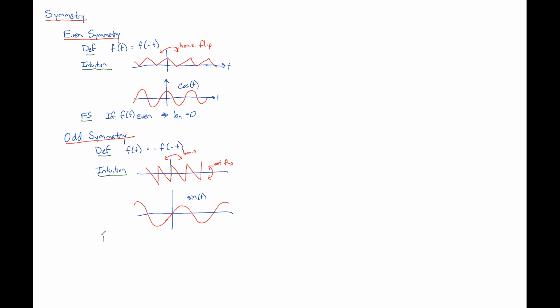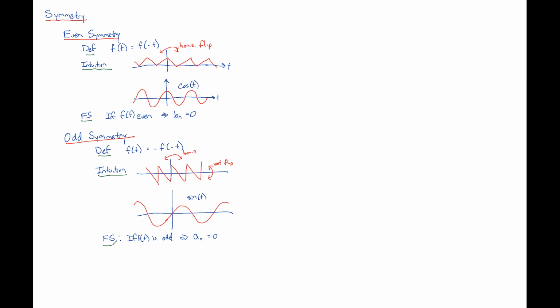So the Fourier series issue is that if your function is odd, that means it's composed entirely of b sub n components and all the a sub n components are 0.